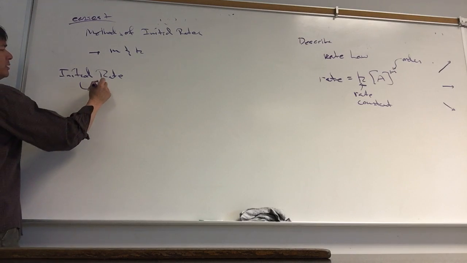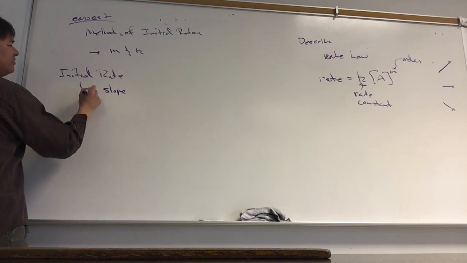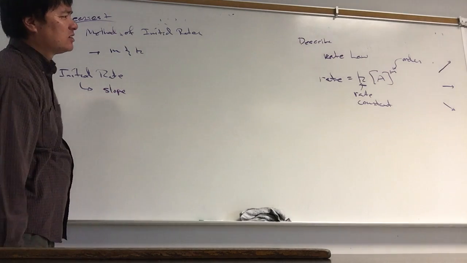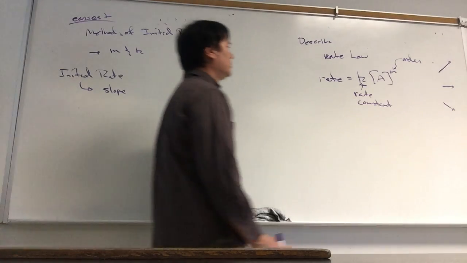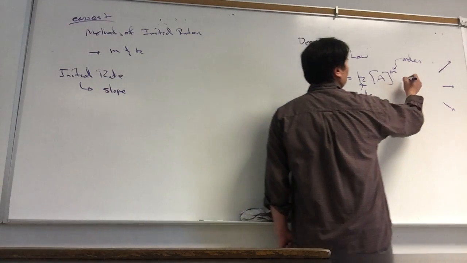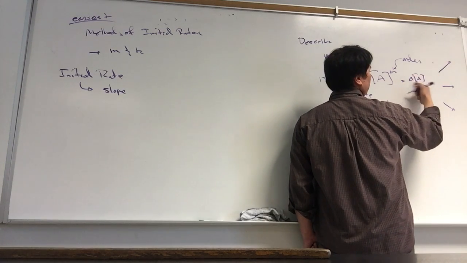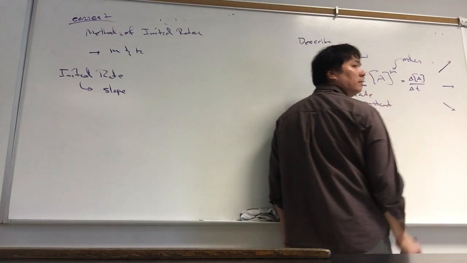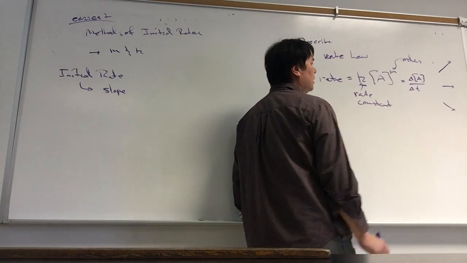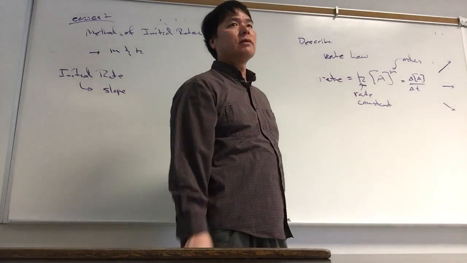One, the initial rate is the slope. Actually, it's the negative of the slope, because rates are always positive. Now let me write that in here. This is going to equal the rate, which is the change in concentration, delta A, over delta t. Except delta A over delta t is going to be negative, and we don't like negative rates.